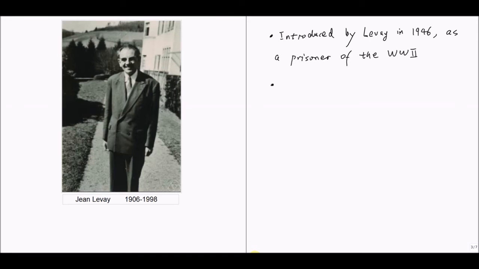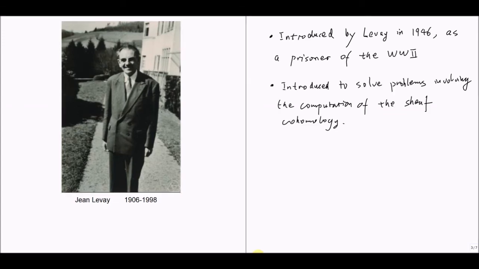Originally, Jean Leray was studying partial differential equations, but he concealed his expertise, fearing that its connection with applied math would lead him to be asked to do war work. Originally, the spectral sequence was introduced to solve problems involving the computation of sheaf cohomology.